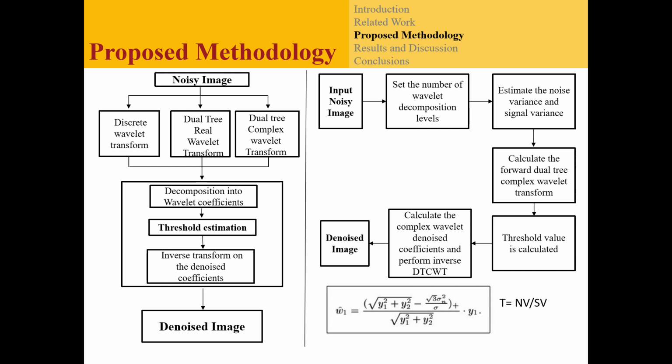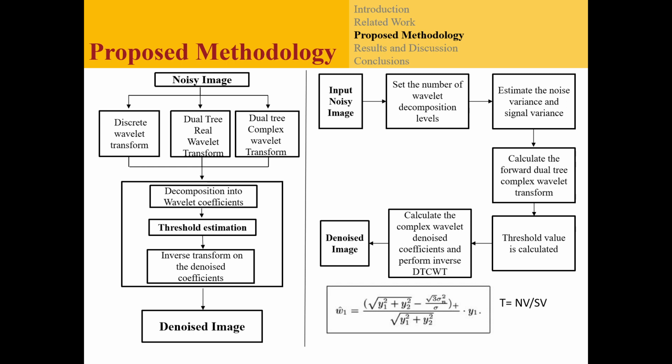After that the inverse transform on the denoised coefficients is done, where the image is denoised and given as output, and the result is that the image is fully clear and does not have any disturbances.